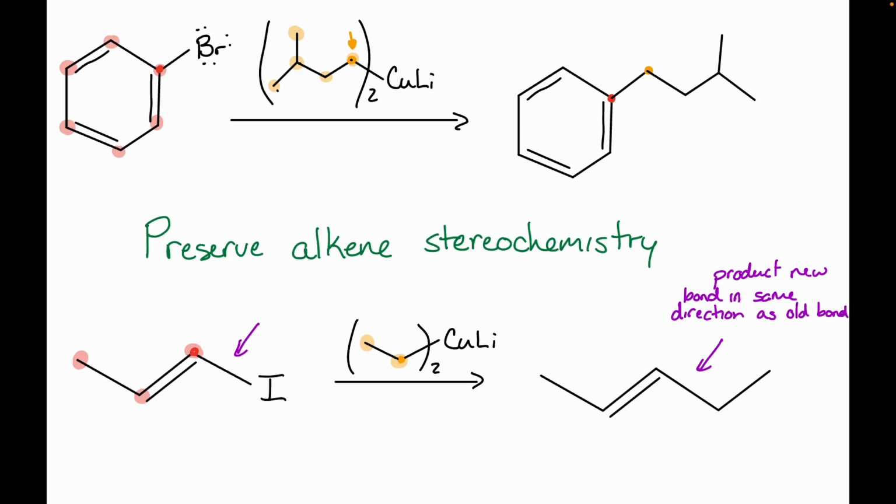All right, so the stereochemistry of that alkene is preserved. I didn't swap anything or flip those groups. I don't get a mixture of products. I just get the same direction. My new bond is just in the same direction as where my old bond was.